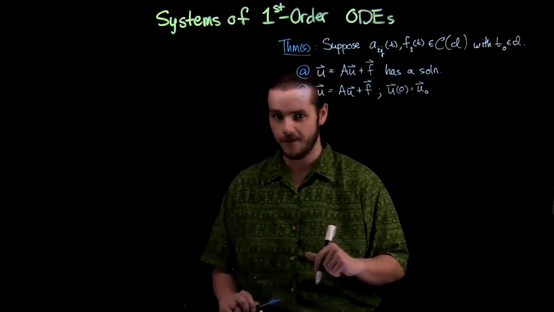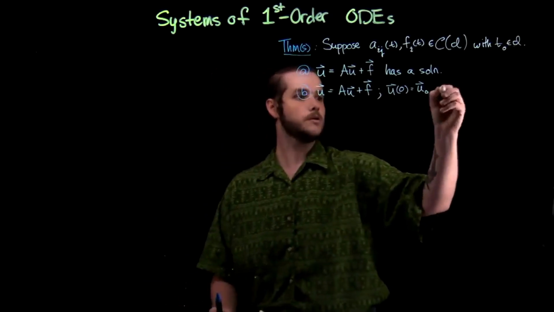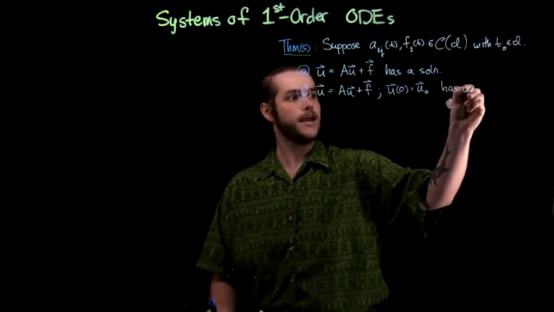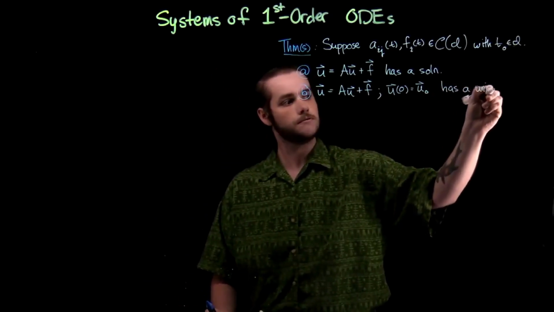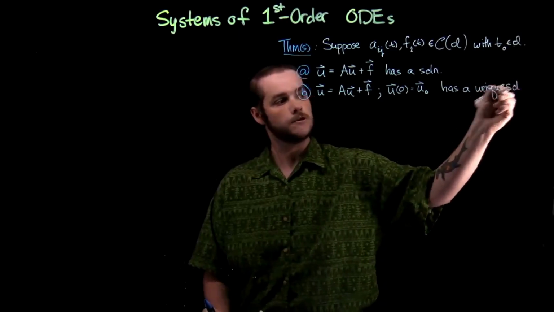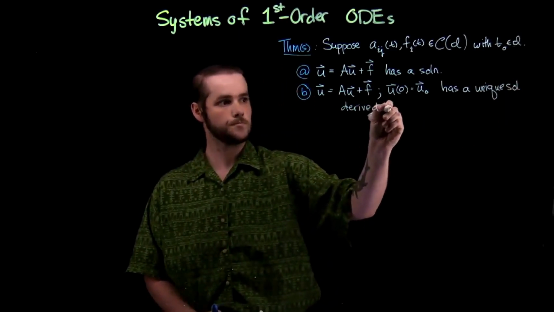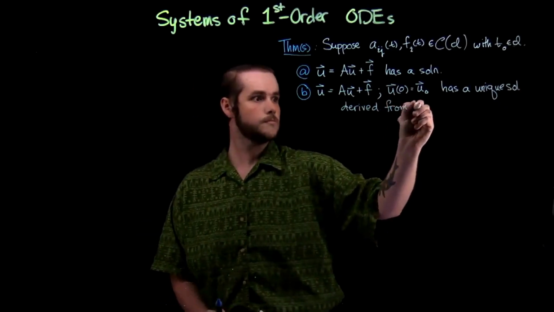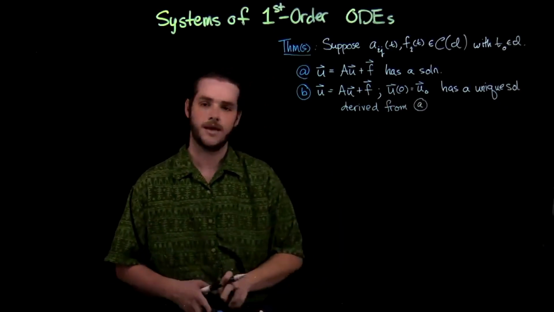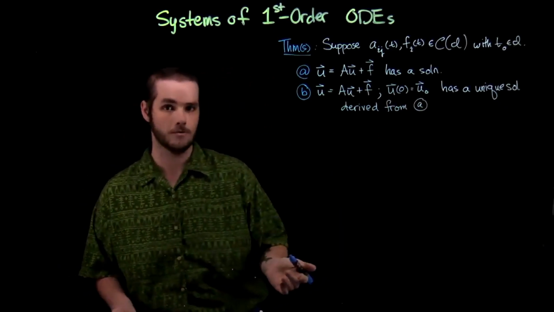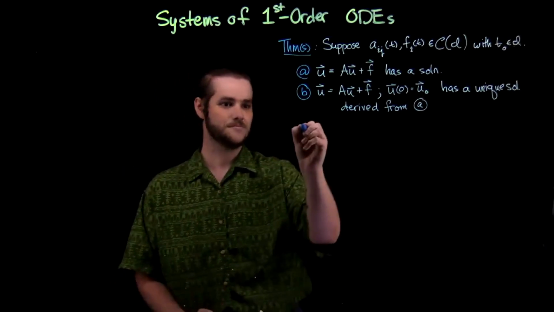So if I have initial conditions, it has a unique solution of the form of the general solution.